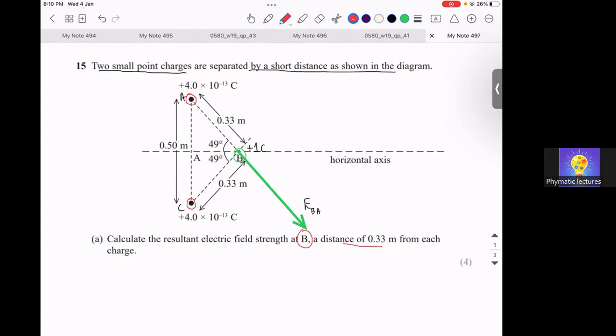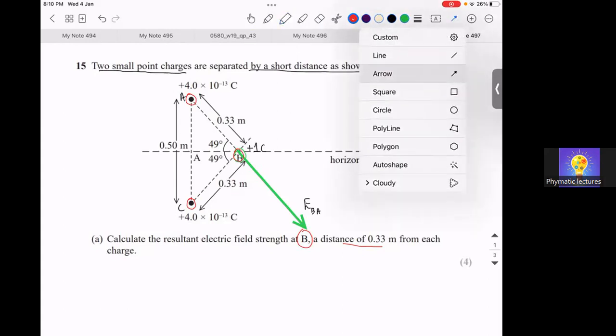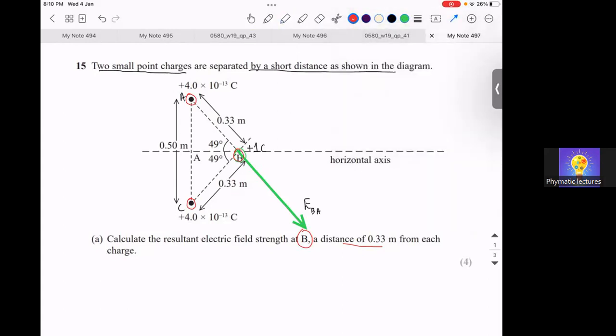Now, similarly, this 1 coulomb charge will experience a force, or electric field strength, due to the point charge at the point C. That will also repel, so I will use a different color to represent it. This will be repelling like this.